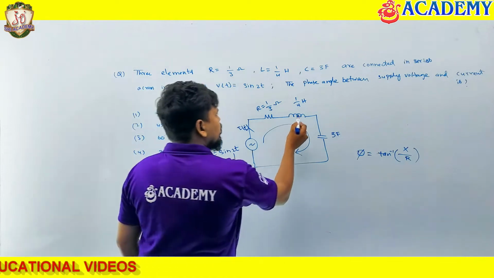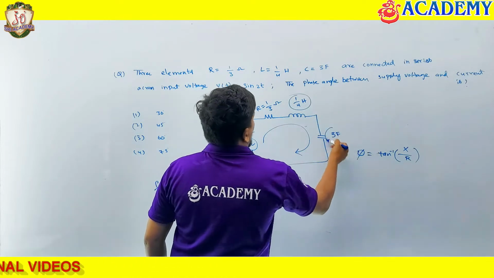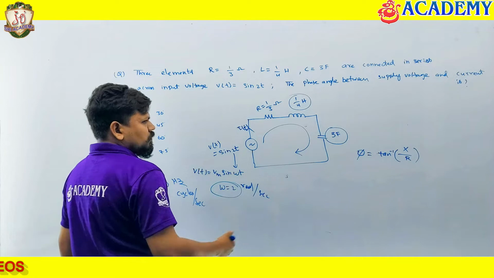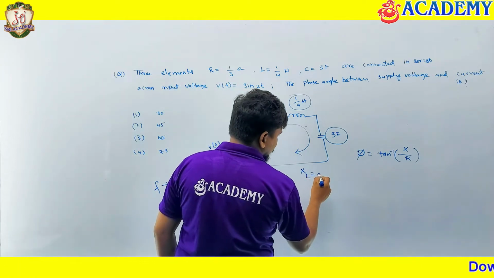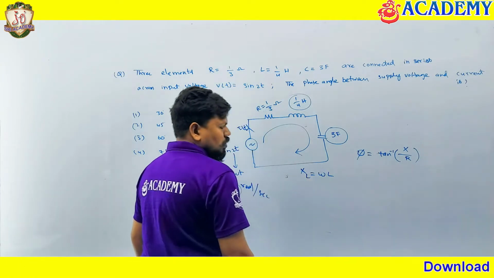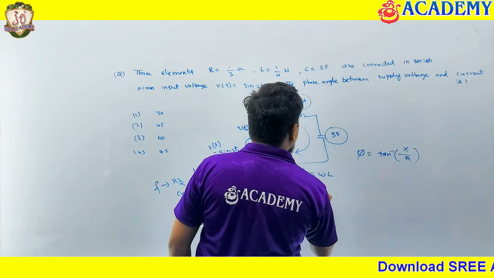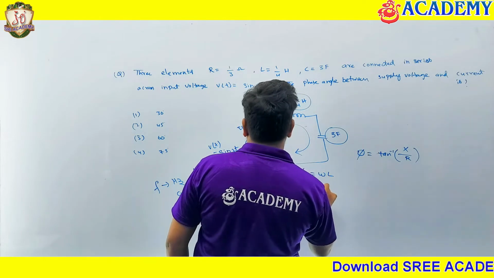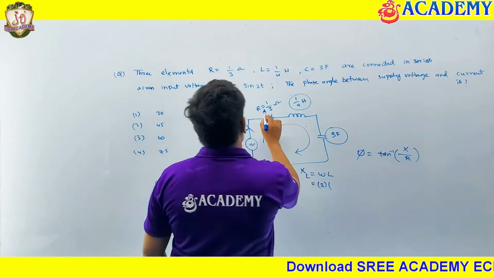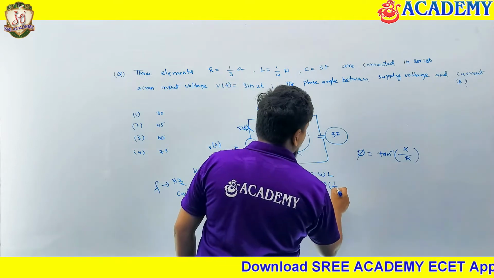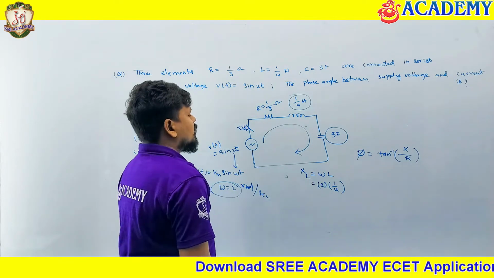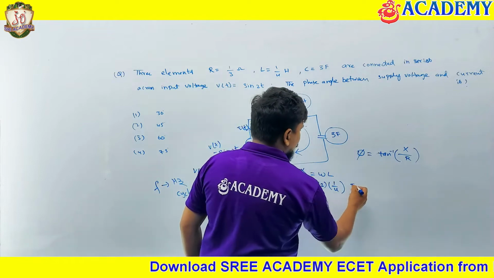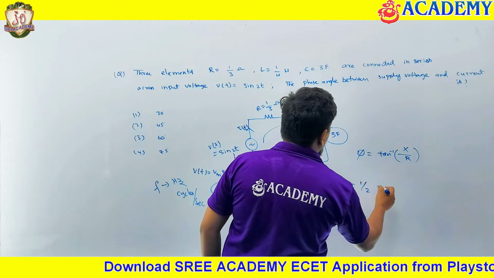Reactance includes inductive reactance and also capacitive reactance. First we calculate inductive reactance, which is omega L. Omega is 2 and L is 1 by 4, so we can simplify this as 1 by 2 ohms.